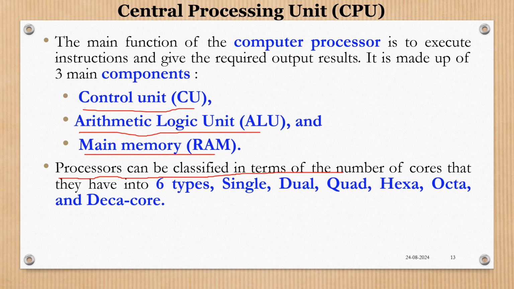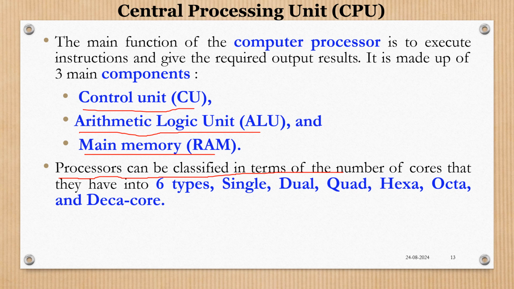Basically, a processor can have a different number of cores. Cores means the processing elements which perform the arithmetic and logic operations. This is a single unit core. There are different processors available in the market.